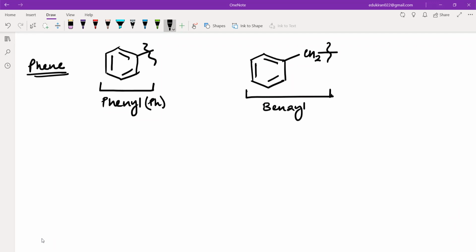Now I'm writing the stability order of carbocations, and this is the ultimate stability order that you have to remember. This is generalized, and we will do some specific questions also. So the most stable will be three benzene rings attached to a carbon with a positive charge.